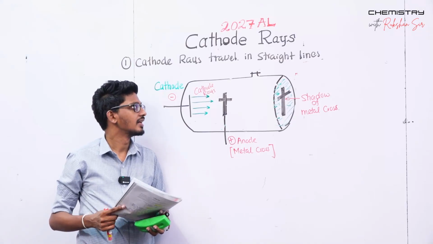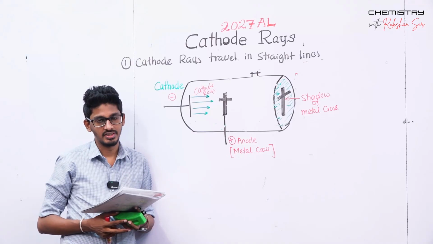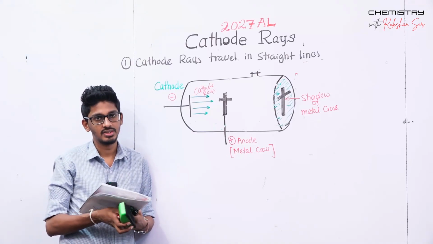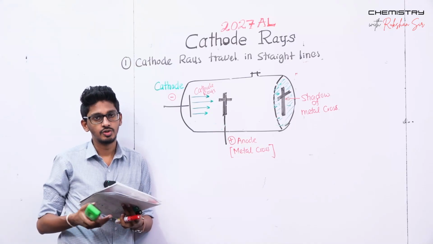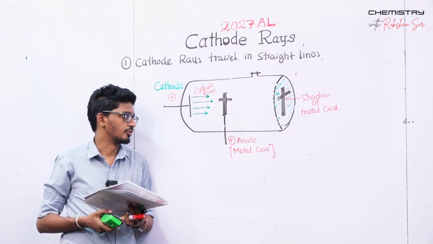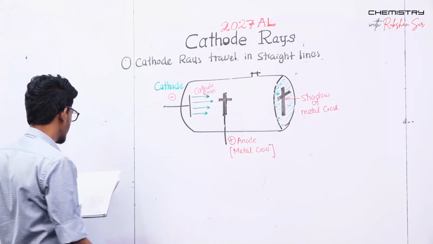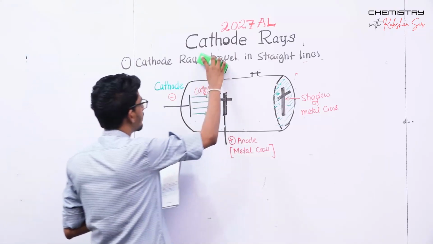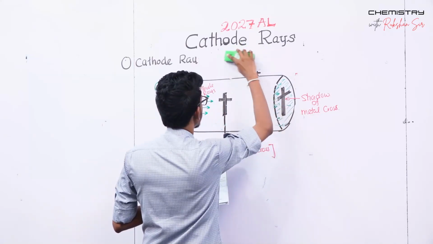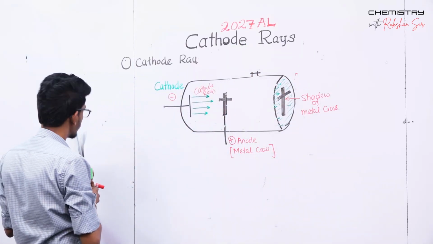Let's come to the second property of cathode rays. This is a second kind of experimental setup which we prepare to observe another property of cathode rays. Number 2, we say cathode rays are a beam of particles with some momentum, meaning kinetic energy and mass.